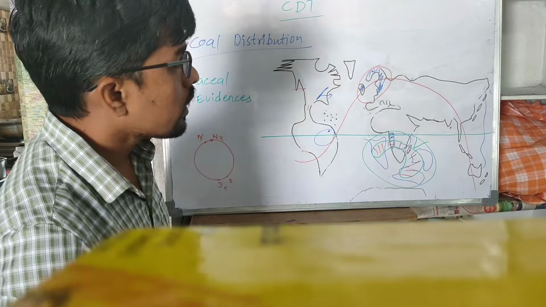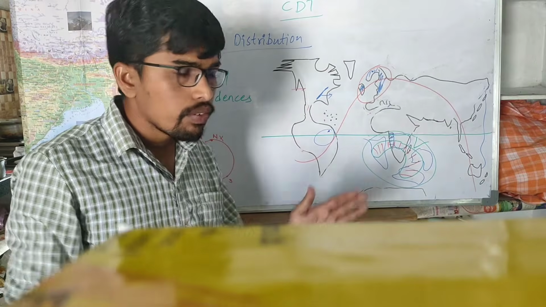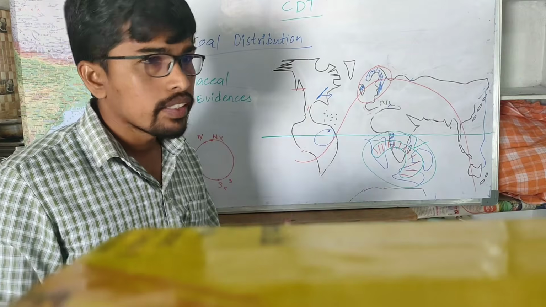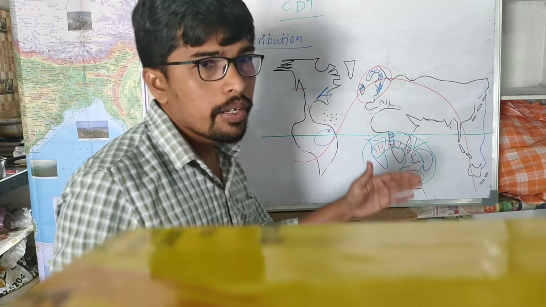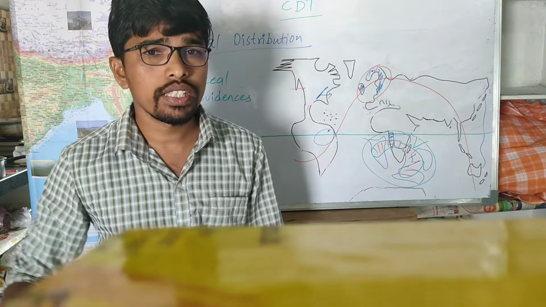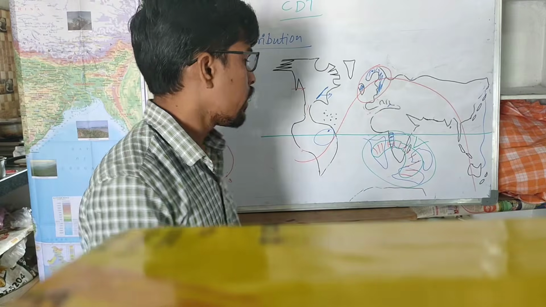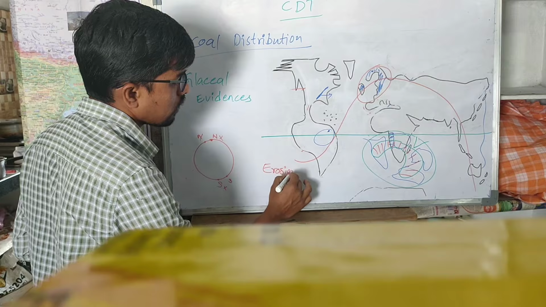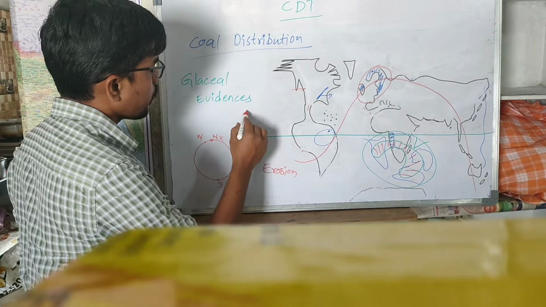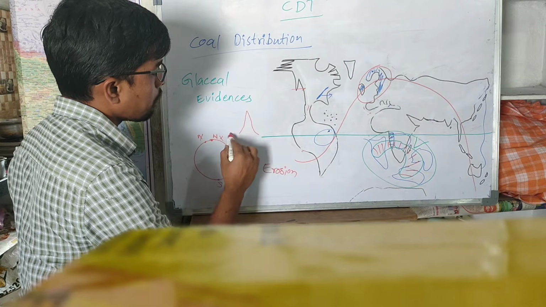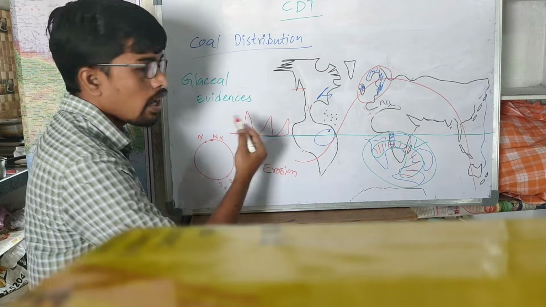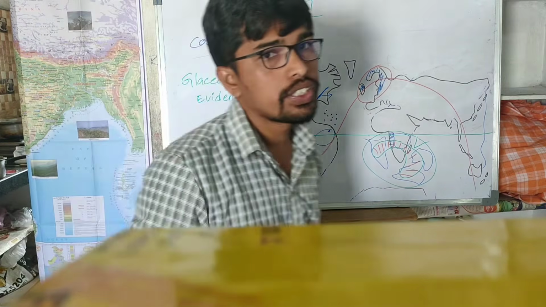Because when the continents started drifting away from each other, the glaciers were melting. When they melted, huge erosion occurred in the rocks and mountains. If we observe our Peninsular India also, we find so many mountains which were eroded during the time of glaciation.